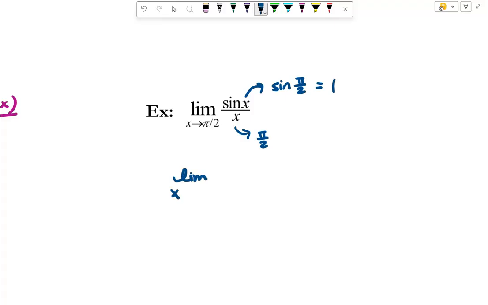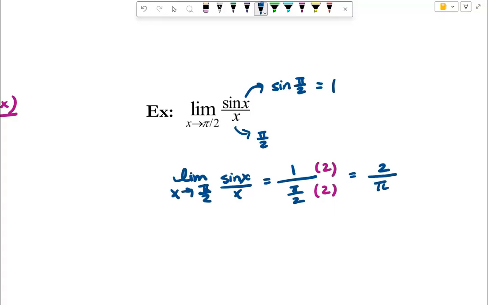This is a place where this function is continuous. So we get 1 divided by pi over 2. And again, if I want to clear that fraction in my denominator, I'm going to multiply my numerator and denominator by 2, and I get 2 over pi. So those 2's become a 1.